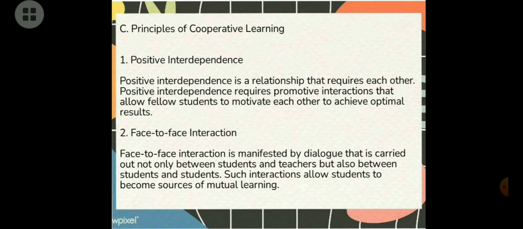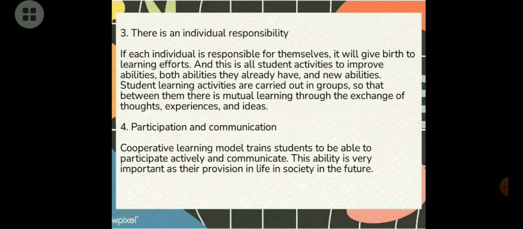Face-to-face interaction is manifested by dialogue that is carried out not only between students and teacher, but also between students and students. Such interaction allows students to become a source of mutual learning.